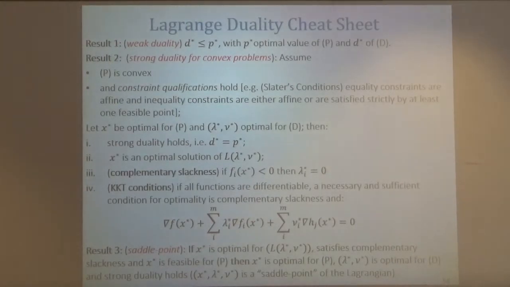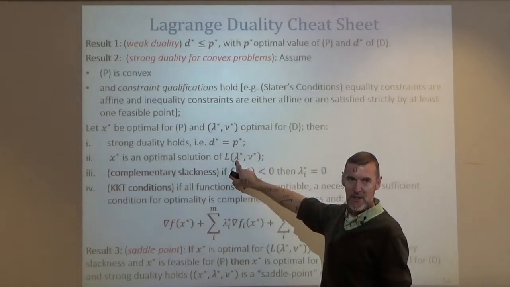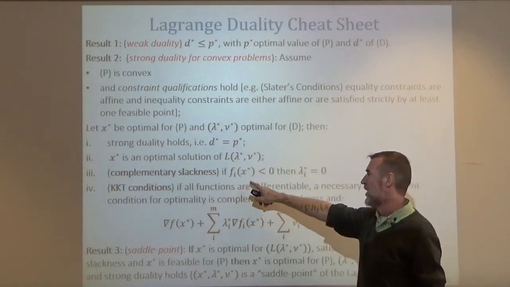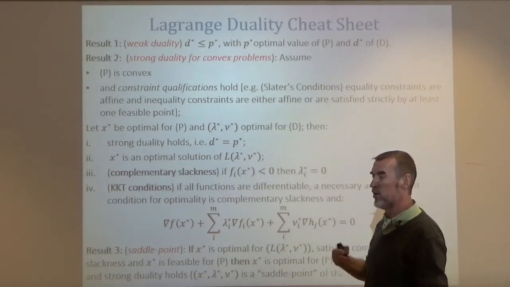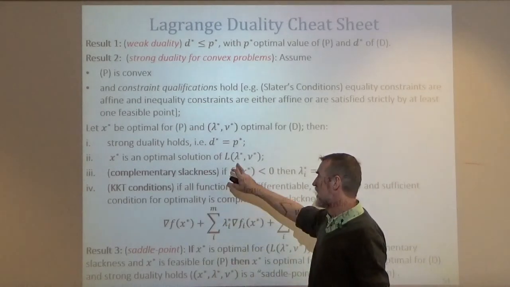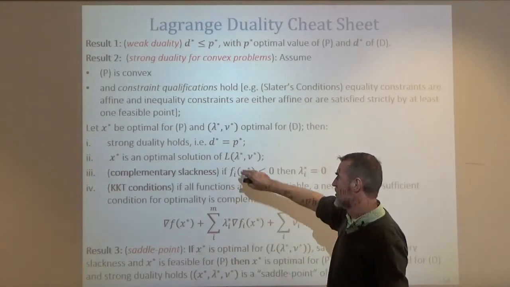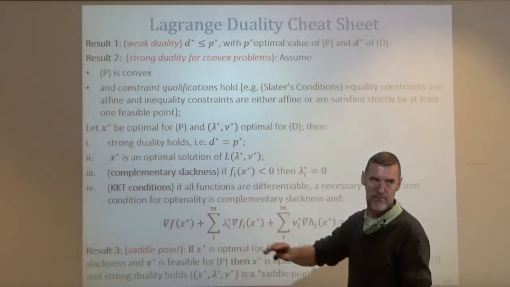Remember that the L is the problem where we replace the inequality and equality constraints by a change of the objective function, lambda times the constraint plus nu times the constraint. So if an oracle tells you the value of lambda star, nu star, the optimal value, then you can solve this unconstrained problem and you will find exactly the x star.